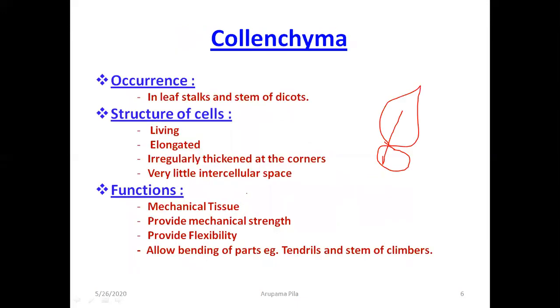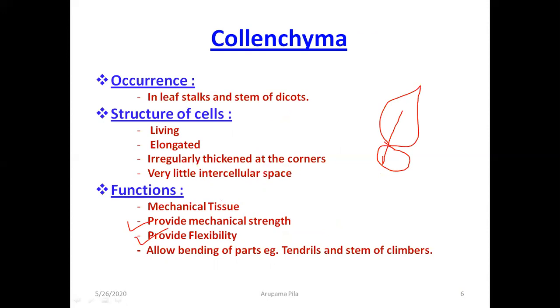Now again come back to the functions. Functions of collenchyma tissue: it is a mechanical tissue, which means it provides mechanical strength to the plant. Then it provides flexibility, as I told you earlier.